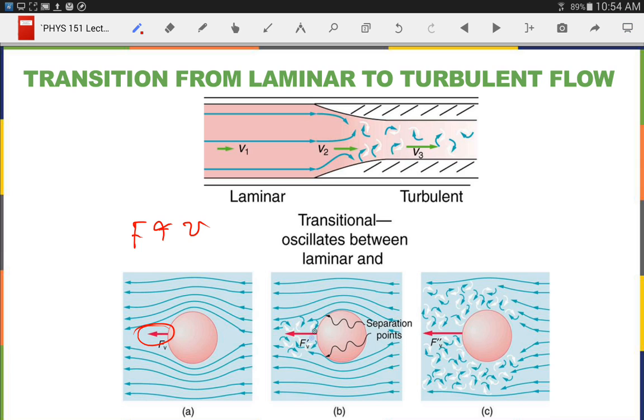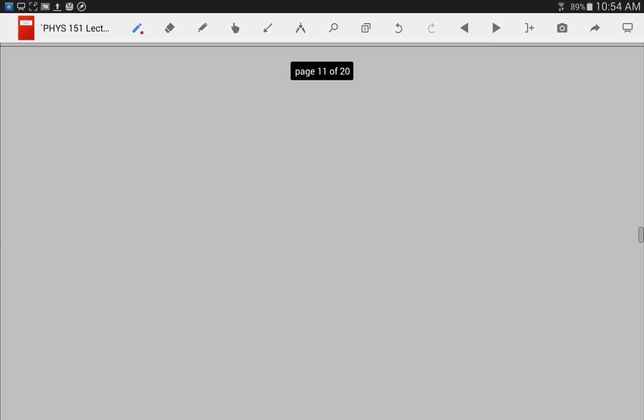But if it's going faster and creating some turbulence, this force gets bigger, and more turbulence is even bigger. Over here, the force is proportional to speed squared. So the drag force changes its functional behavior depending on if you have turbulence or not.